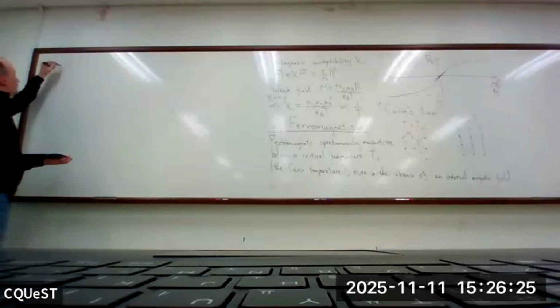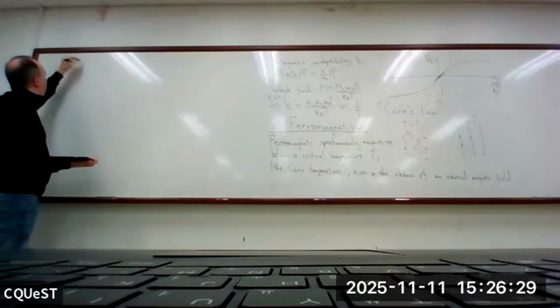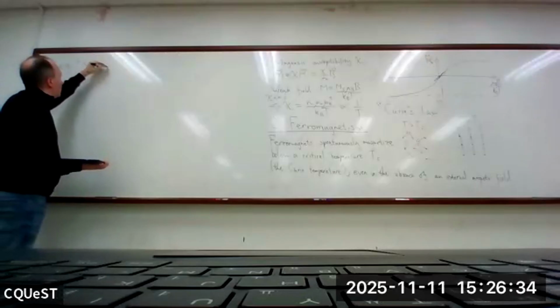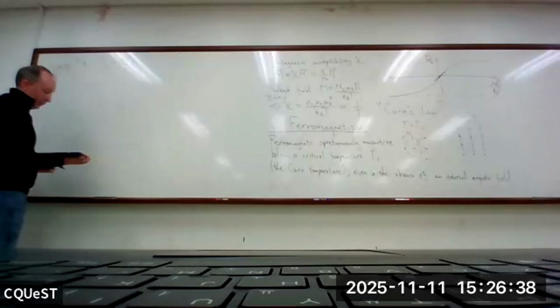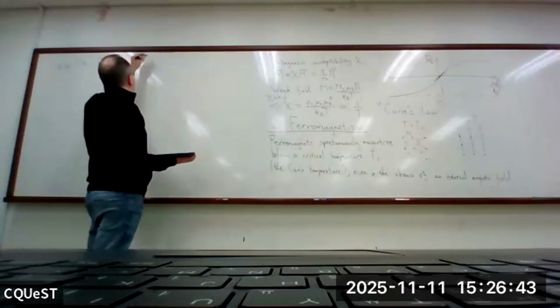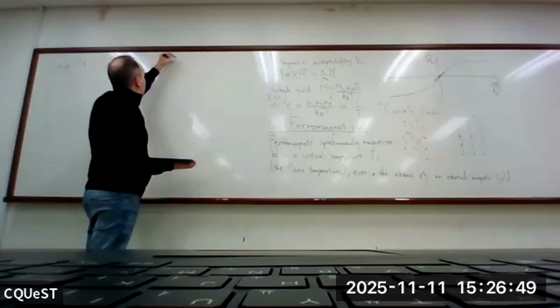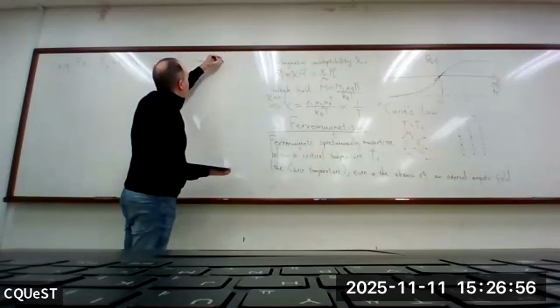So for example, if we consider iron, this has a Curie temperature of around 10 to the 3 Kelvin. And in particular, the prefix ferro comes from iron in Latin.